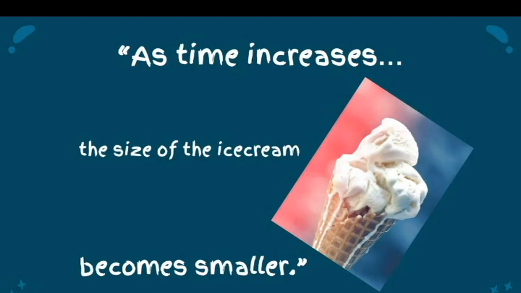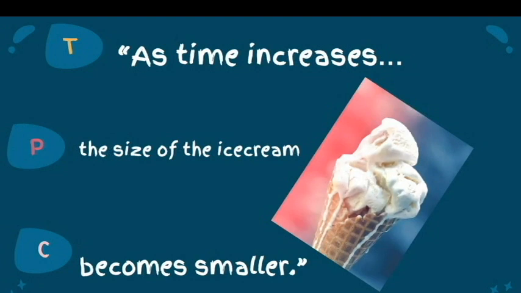Okay, so now you see that this is actually the CPT, but the other way around. So T, time. As time increases, the size of the ice cream is actually the parameter that we can see the change. So what is the change? It becomes smaller.